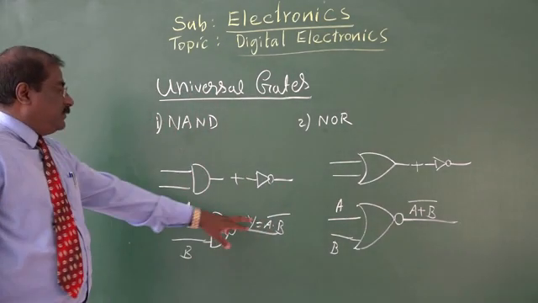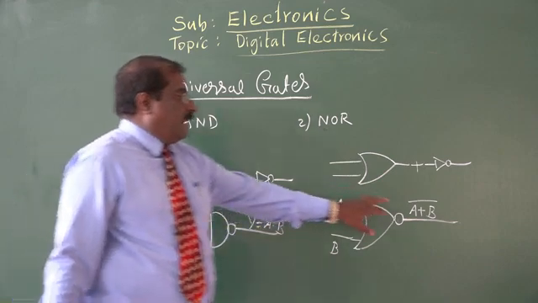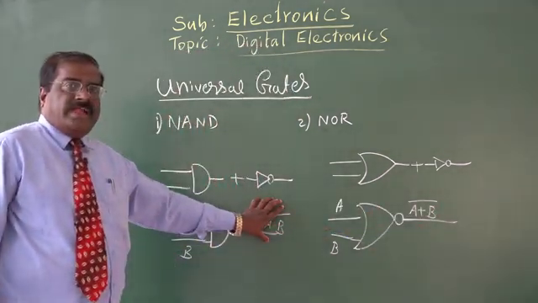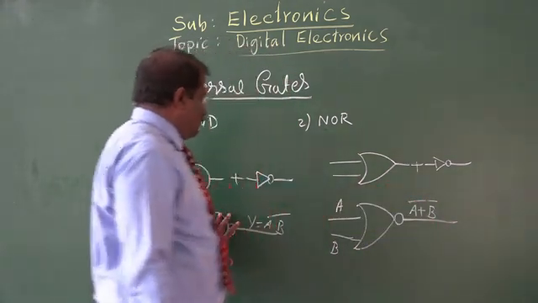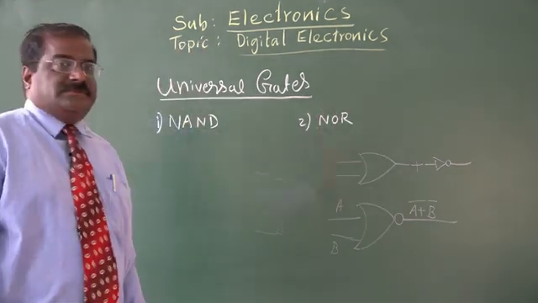This is the complement. y equals A dot B whole bar, A plus B whole bar, as in the same case of AND function and OR function complements. This fetches you what is known as the NAND and NOR gate function.